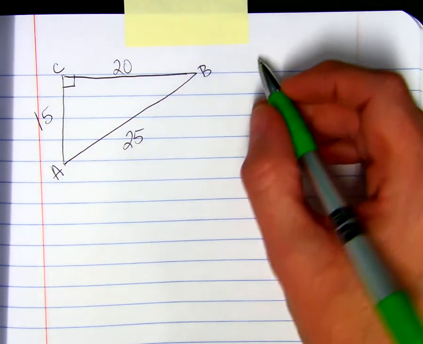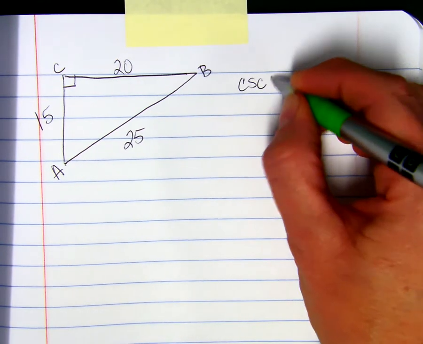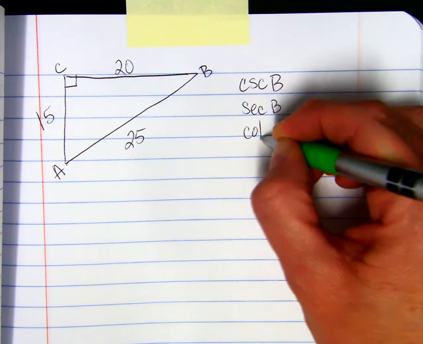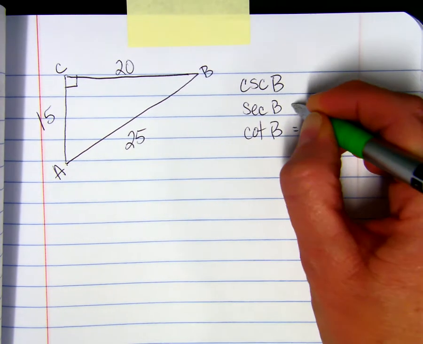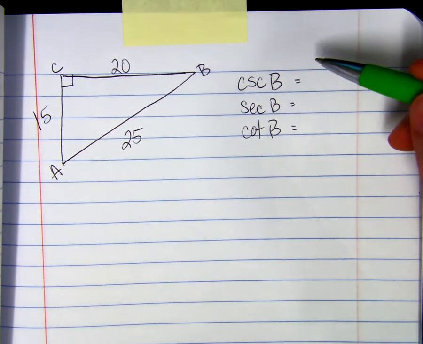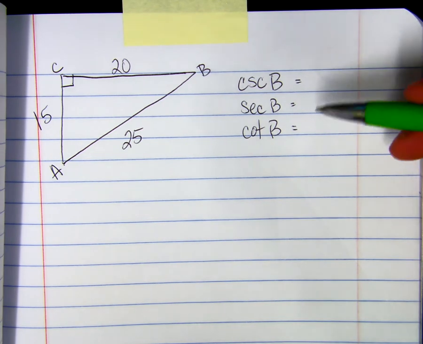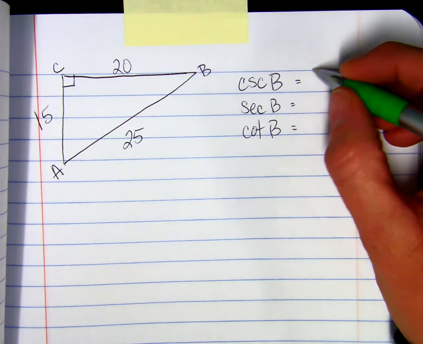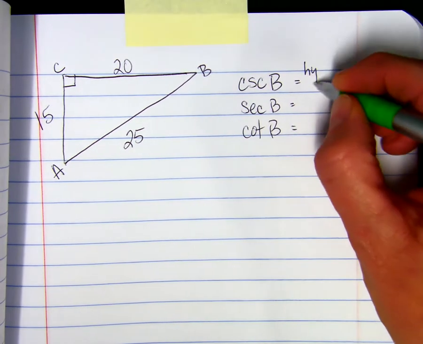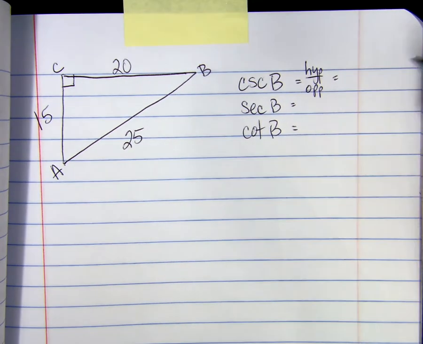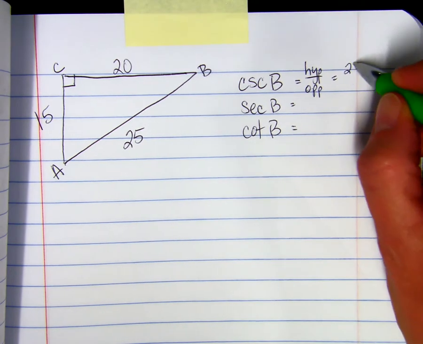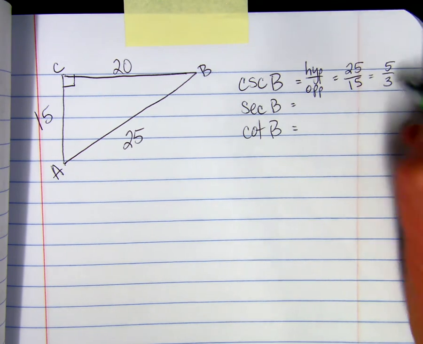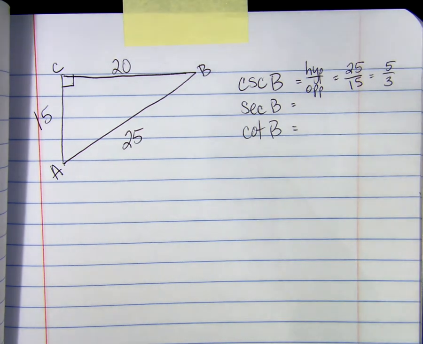All right, so if we want to find the cosecant of B, the secant of B, and the cotangent of B. Cosecant is hypotenuse over opposite, which is 25/15 or 5/3. It is a ratio, so we just leave it as a fraction.